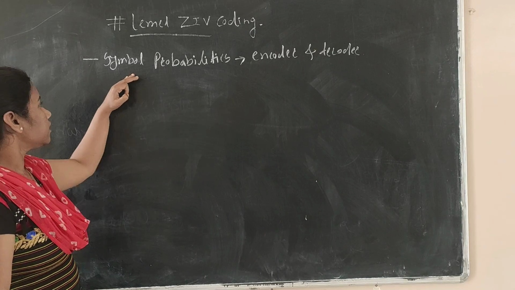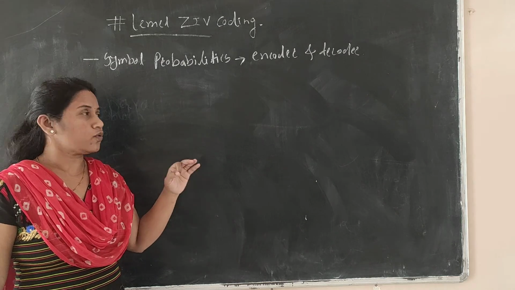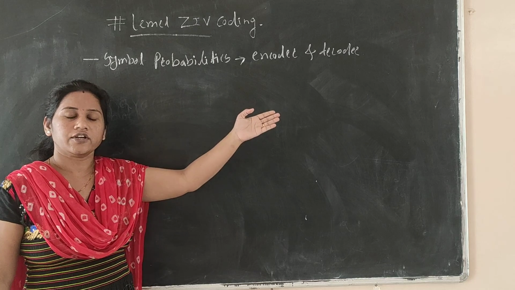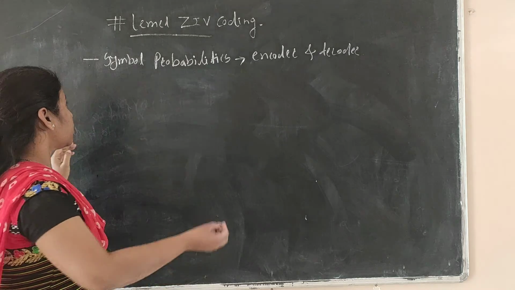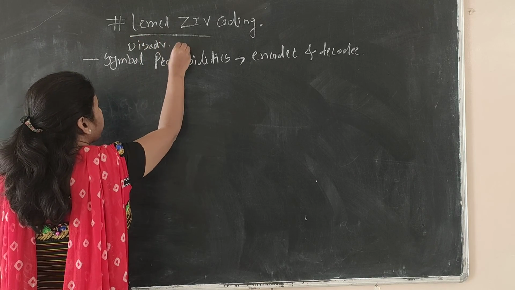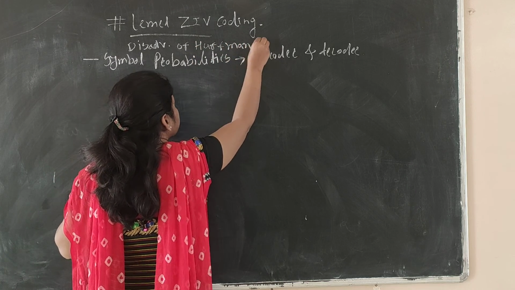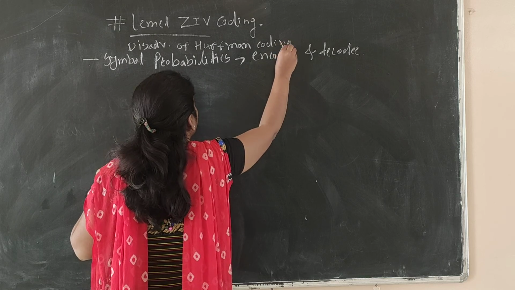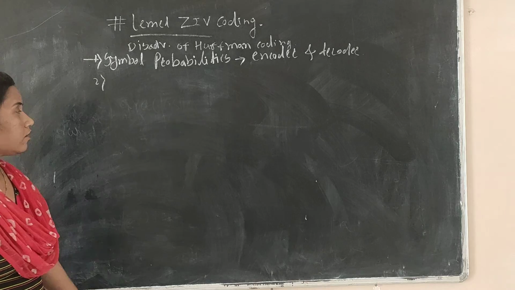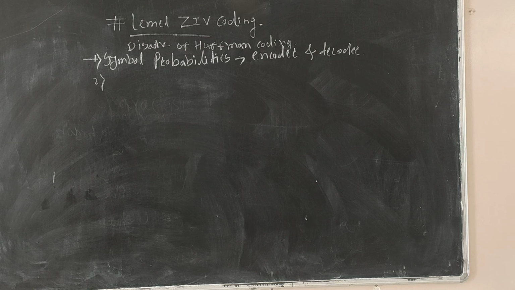That is nothing but these symbol probabilities must be known, and it cannot be possible every time to send the overall symbol probabilities to the encoder as well as the decoder. That's why this is the first disadvantage of Huffman coding: symbol probabilities must be known to encoder as well as decoder.